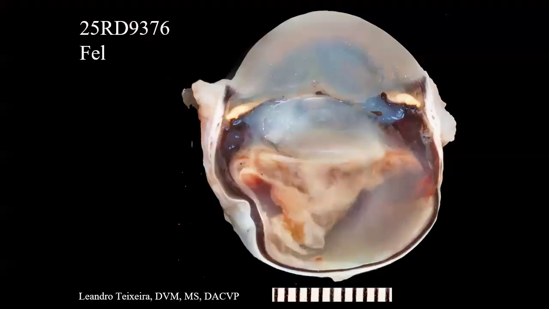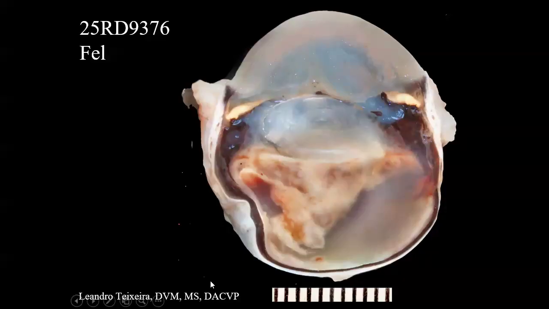Kitty cat. This is an 8-year-old American short-haired cat with a history of uveitis, purulent debris in the vitreous, and glaucoma with a 59 IOP. So a pretty straightforward clinical history.